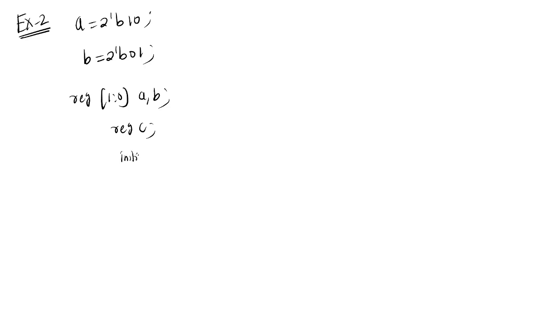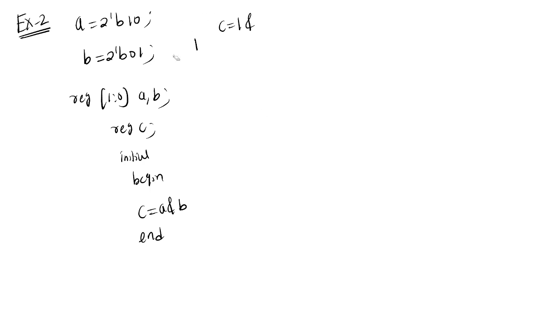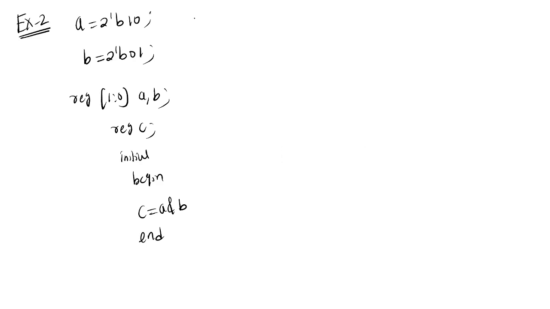Within the initial begin and end block, I am writing c equal to a and b. Sorry, this is a bitwise operator, so it will do the bitwise operation. So that is 10 and 01. Bitwise AND operation it will do, so you'll get 00. So c equal to 00 you'll get.